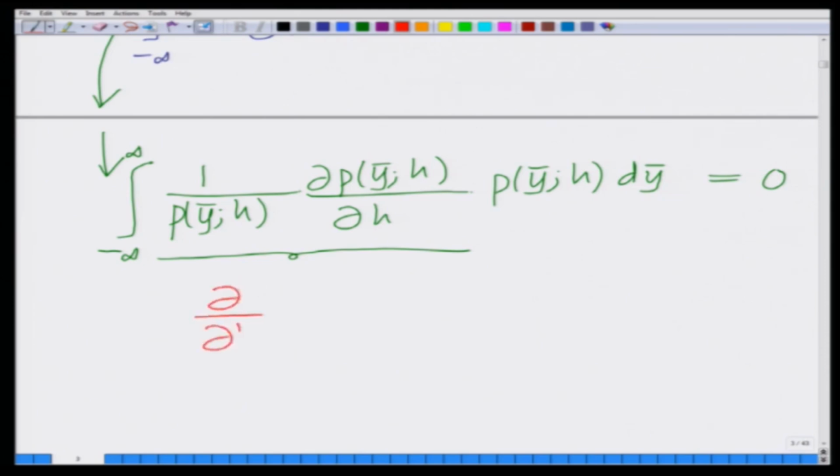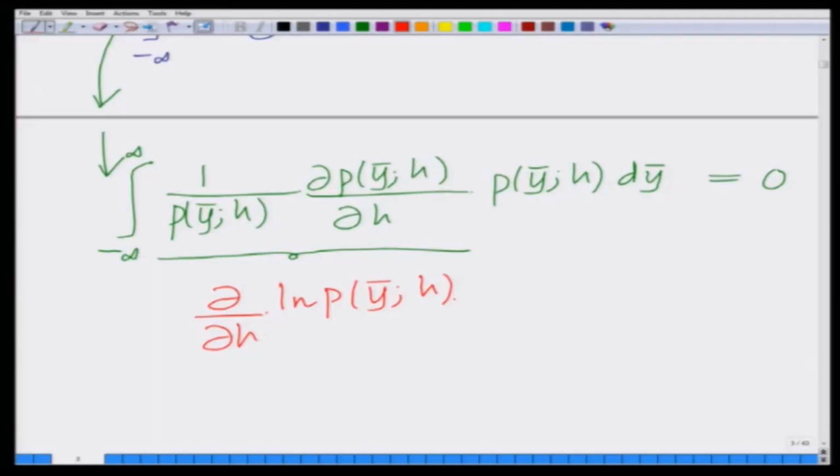This is dou by dou h of the natural logarithm of the probability density function of y bar parameterized by h, because the partial derivative of the logarithm of p y bar parameterized by h is 1 over p y bar parameterized by h times the derivative of p y bar parameterized by h.